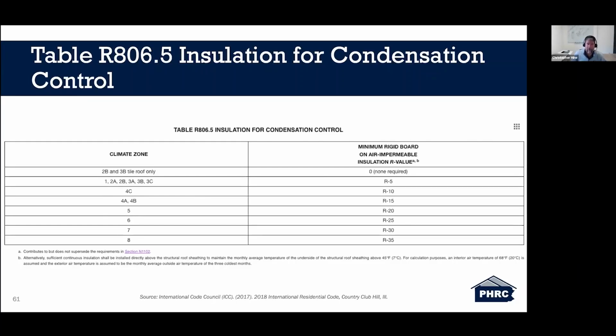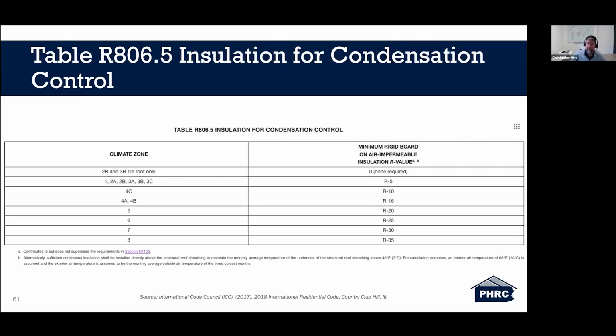So for climate zone 5, I'm going to use as an example, we have to have a minimum R20 rigid board or air impermeable insulation being used in that location with a combination, right? Footnote 8 says that this contributes but does not supersede the requirements in N1102, which is the insulation and fenestration table, right? So this contributes to our needed R value, but does not supersede.